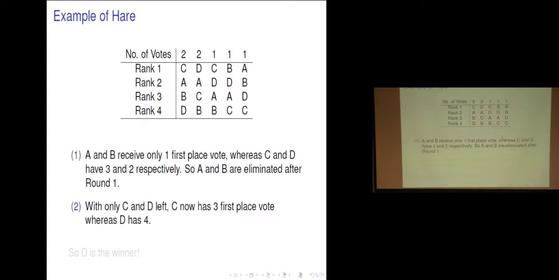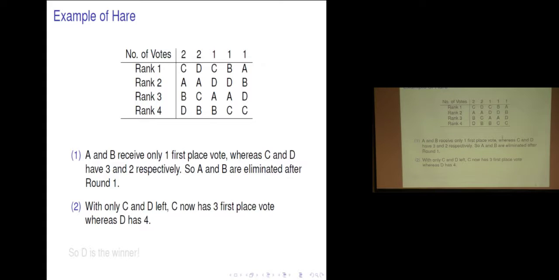Now, after you remove A and B, for example, you look at this column, if you remove B, D will become the first choice. That's the important observation. With only C and D left, C now has 3 first choices, and D has 4.